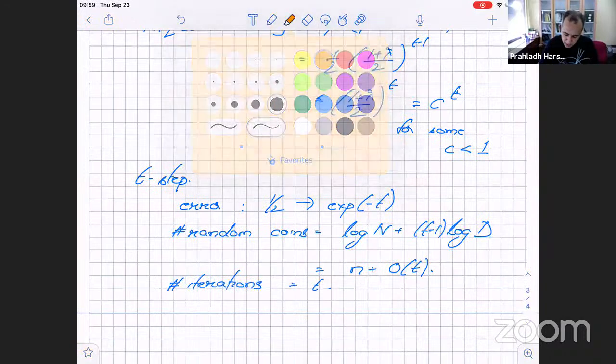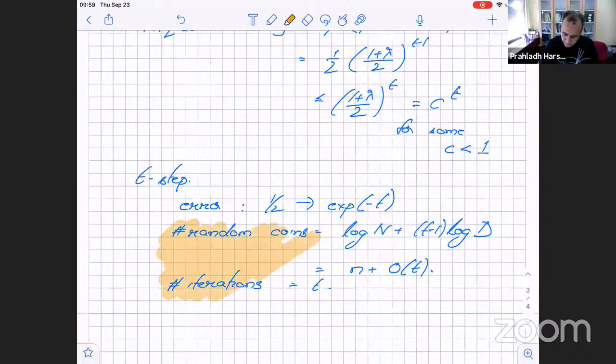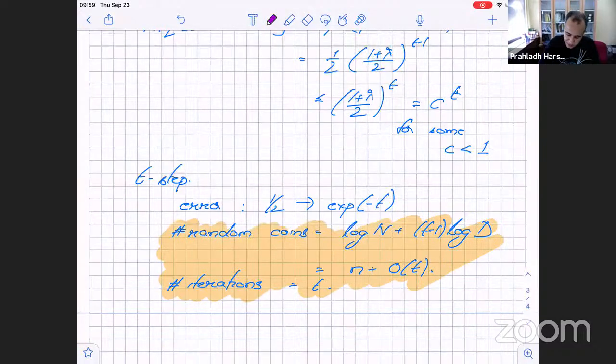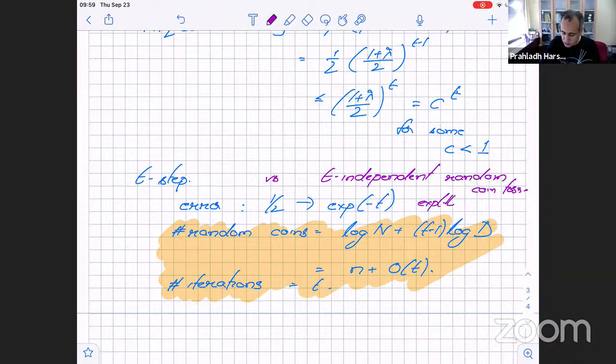Let's just contrast this to what happened when you work with t independent random point tosses, instead of a t-step random walk. There, once again, half goes to exponentially small in t. This is not log n, this will be t times log n.